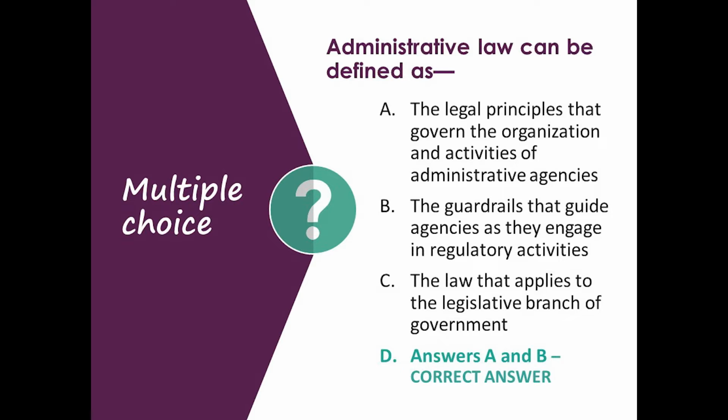Public health departments are one type of administrative agency, encompassing the Department of Health and Human Services at the federal level, as well as state and local departments of health. Administrative law provides guardrails that agencies must stay within when engaging in their everyday regulatory activities to ensure appropriate separation of powers, to promote fundamental fairness to regulated parties, and to ensure transparency and accountability to the communities that agencies serve.